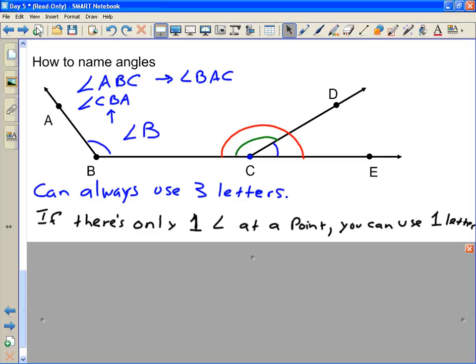So if I wanted to talk about the blue angle over here, I would have to say angle DCE or angle ECD. The green would be angle DCB or angle BCD. And the red one would be angle BCE or ECB. You have to use three letters when there's more than one angle there.